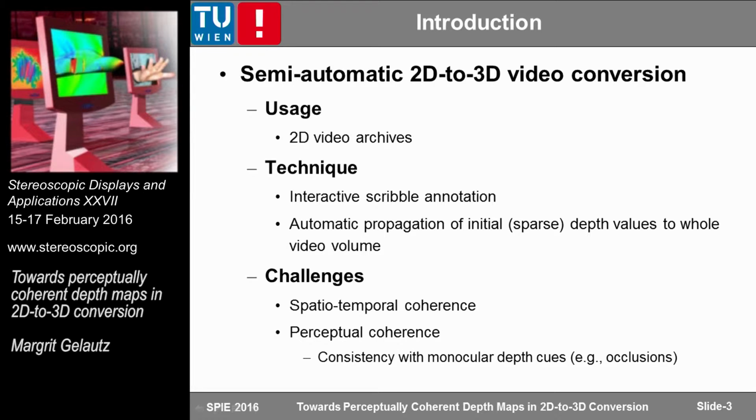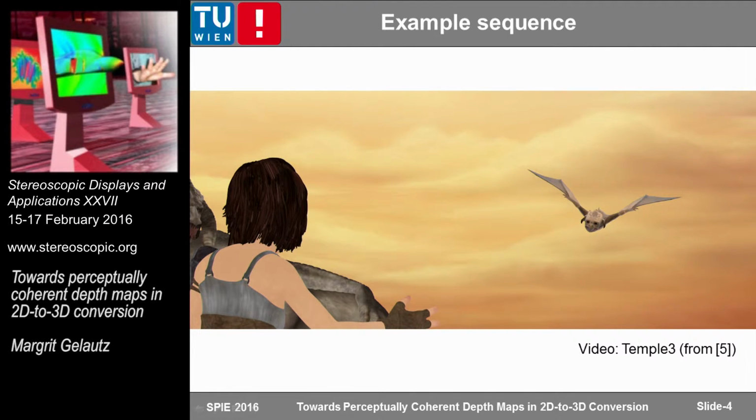In our algorithm, we have some user-provided scribbles on the first and on the last frame, and these sparse depth values are then propagated throughout the whole video volume so that we finally get depth maps for every frame throughout the whole sequence.